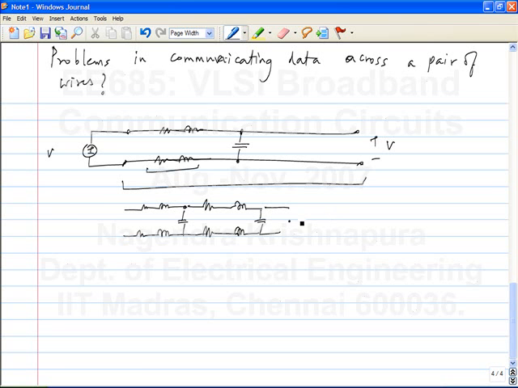So this is the reality of the wire. It's not a perfect conductor. It has parasitic resistance, parasitic inductance and parasitic capacitance. The next question is, so what? What happens because of this? Okay, firstly there is a lag in voltage, meaning the output doesn't appear instantaneously.